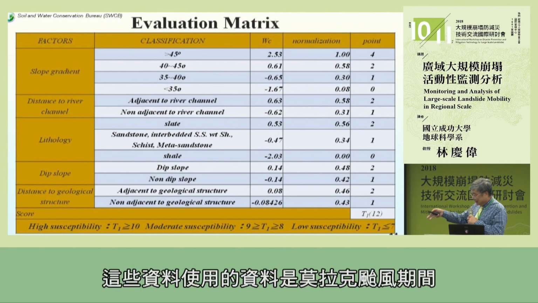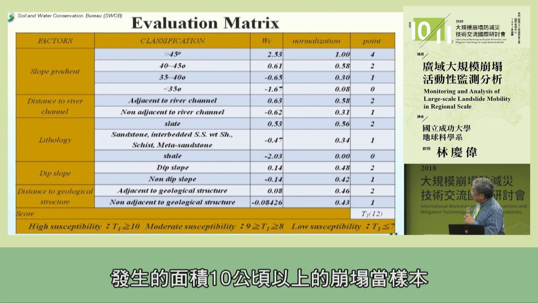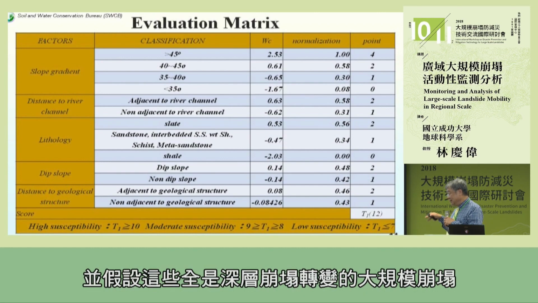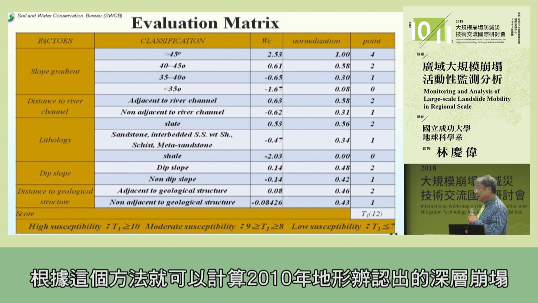Using the landslide inventory map, we consider only landslides with an area over 10 acres that occurred during Typhoon Morakot as sample 1, and assume all these landslides were transformed from deep-seated landslides. And using the deep-seated landslides we identified in 2010 as sample 2, we calculate the weighting of each factor.